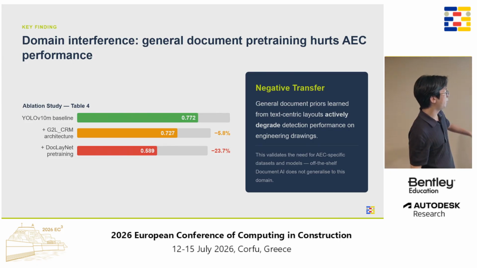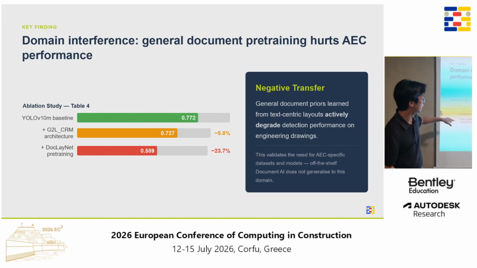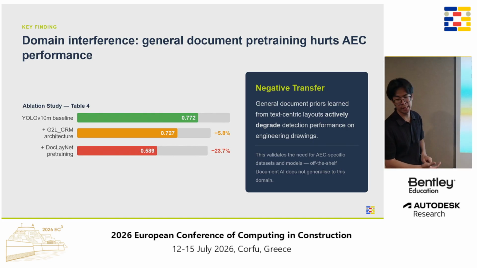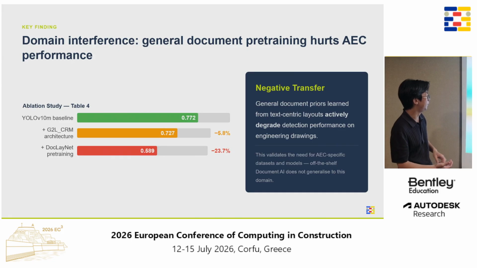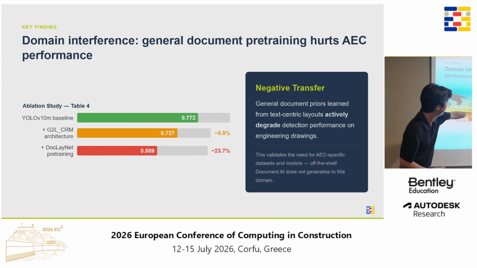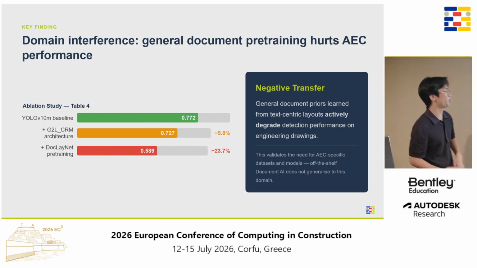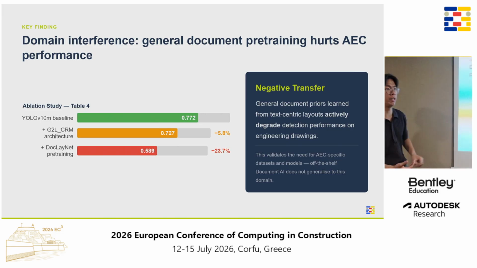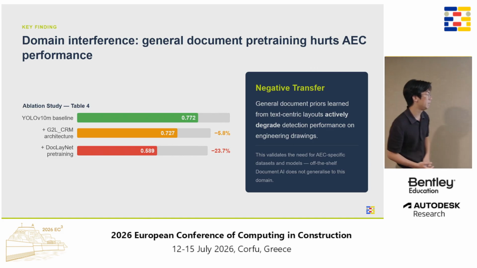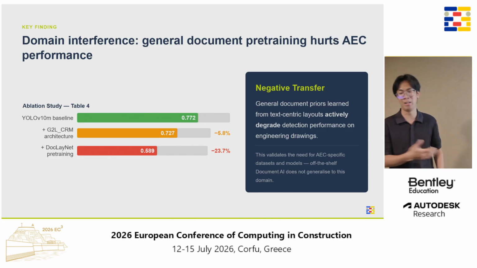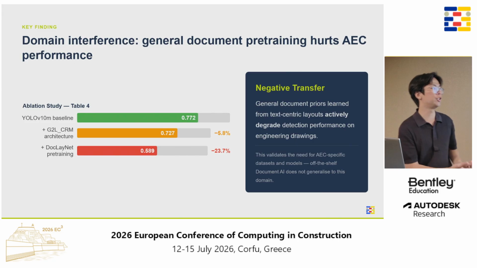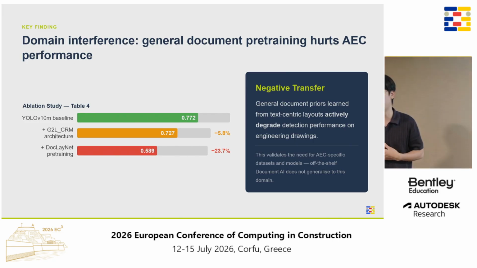But you see, if we add this module tailored for general documents, the performance dropped by 5.8%. And if we pre-train it on DocLayout, a large-scale general document dataset, you will see a 23% drop in performance. So a general document model cannot just be generalized onto the engineering drawings field.